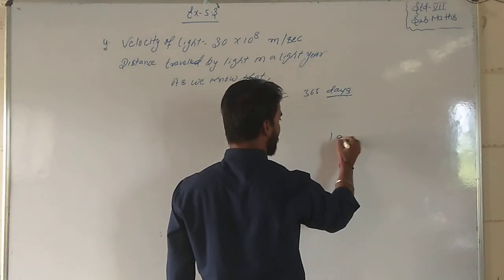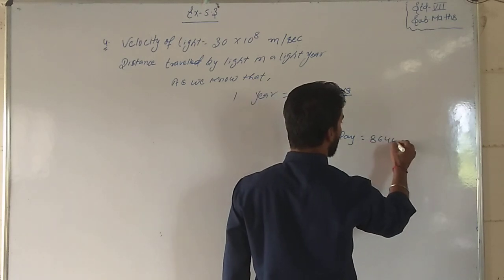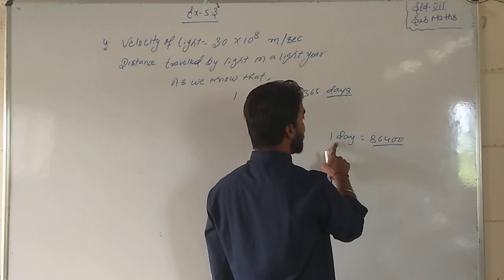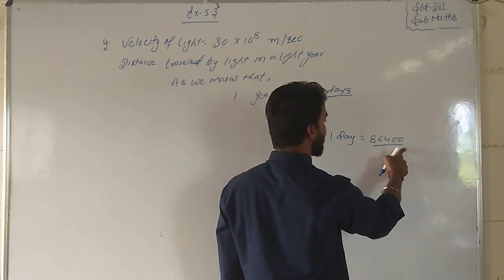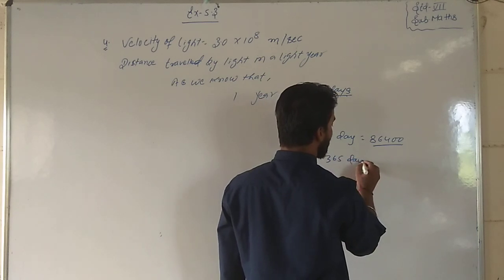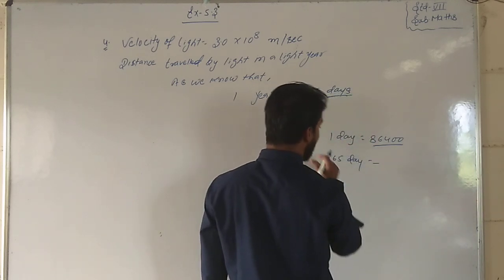And 1 day is equal to how many seconds? 86400 seconds. In the previous calculation we have shown 1 day is equal to 86400 seconds. Then 365 days is equal to, when you calculate, you will find the answer.